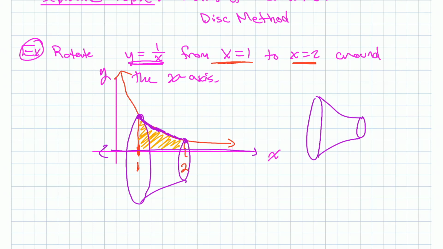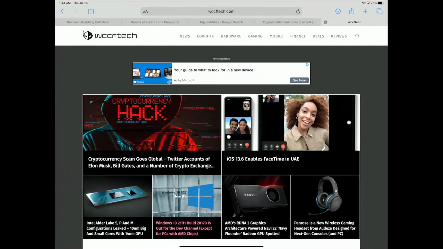This is actually a circle here, but we're looking at it on the edge, and it's a 3D shape.